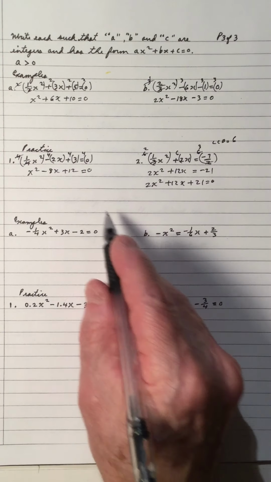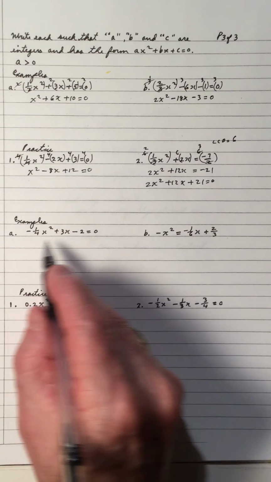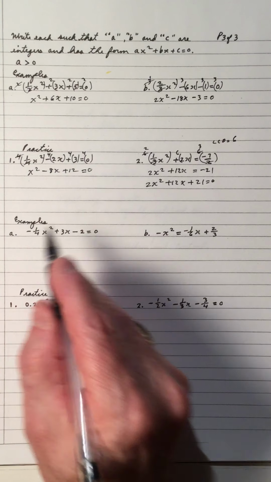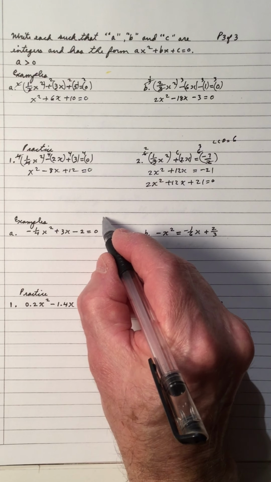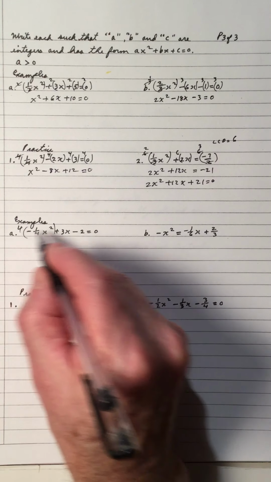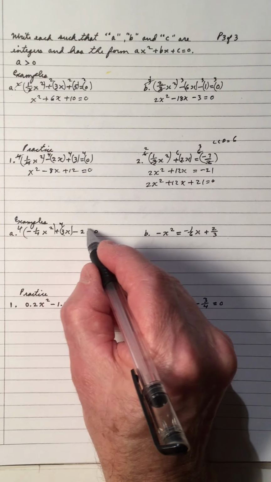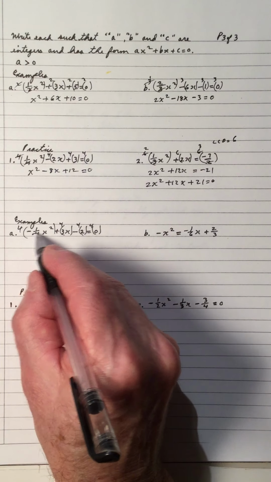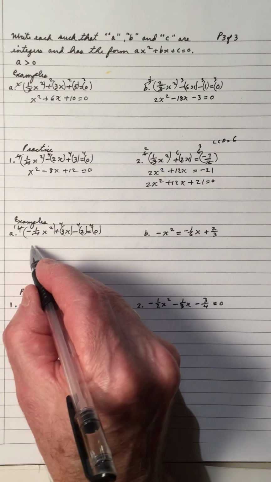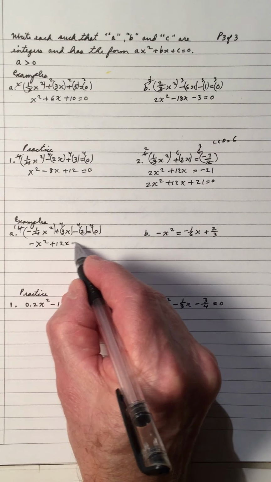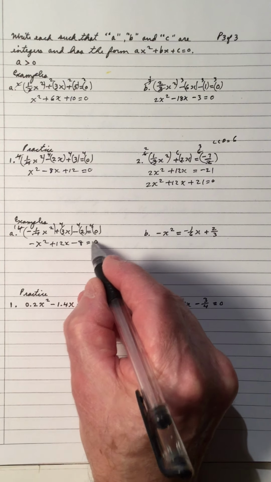And now we have some more examples. But this time, notice, I have a fraction and I have a negative. So the LCD is 4. So we're going to multiply by 4 first to get rid of the fraction. So I multiply by 4. So 4 into 4 goes once, so I get a negative x squared plus 12x minus 8 equals 0.